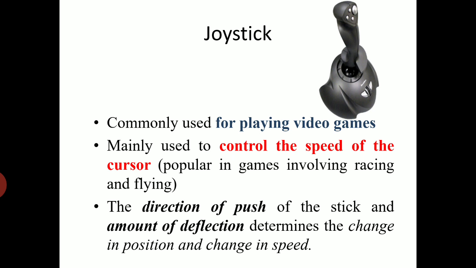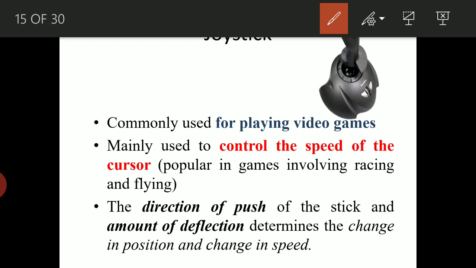Next one is joystick. This is mainly used for playing video games. There is a handle at the top that can be moved or tilted to change the position and speed of the movement of the cursor.